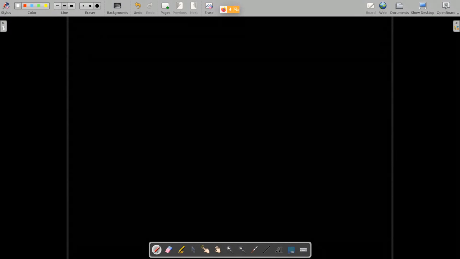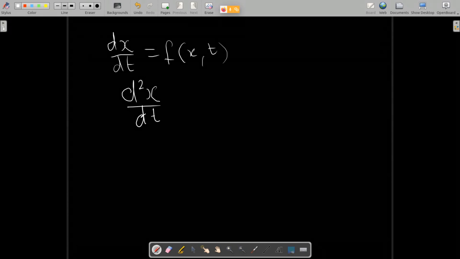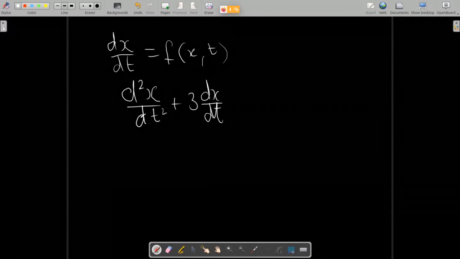So here today we're talking about differential equations. That's an equation that looks something like dx by dt equals f of x, t. The particular kind of differential equation we want to talk about is something like d2x by dt squared plus 3 dx by dt plus 2x equals 0. And we know that we solve this using the exponential ansatz.